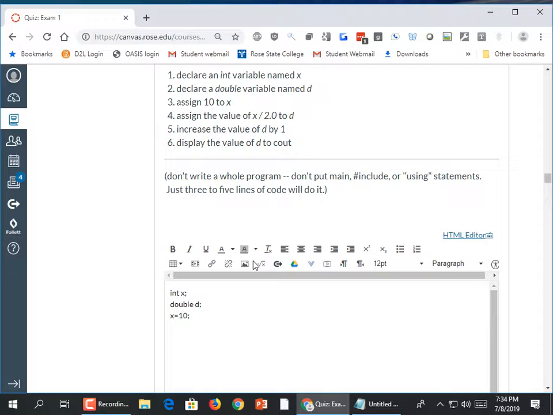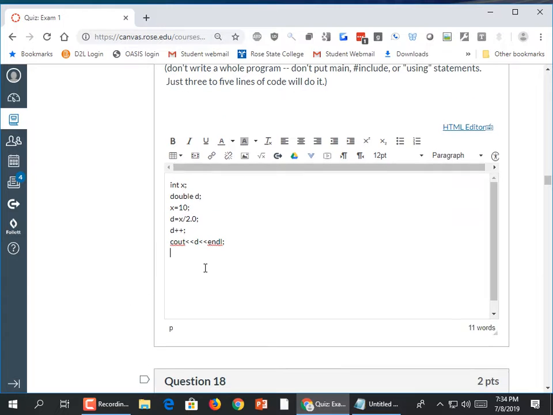Assign x divided by 2.0 to d. And then increase the value of d by 1. And then display the value of d to cout. Like that. And again, it's not letting me hit the space bar in preview mode.